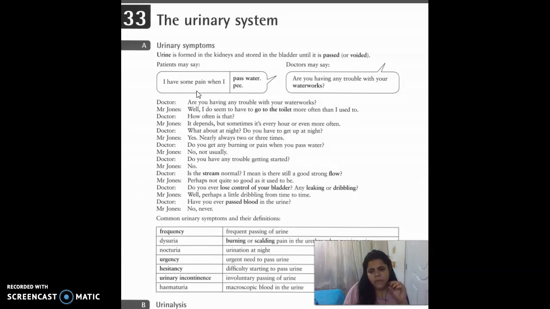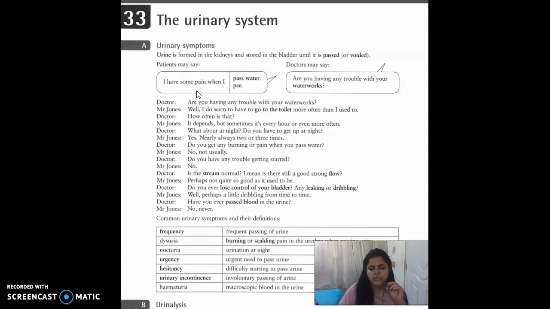Doctor: What about at night? Do you have to get up at night? Mr. Jones: Yes, nearly always two or three times.